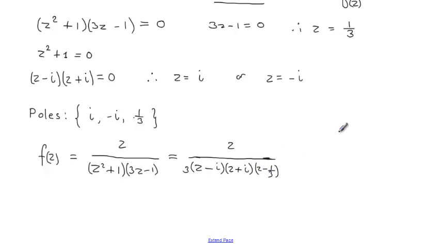I hope you can see that in this factor 3z minus 1, we're able to take a common factor 3, dividing by 3 in brackets, we get here z minus 1 over 3, which we wrote here as z minus 1 over 3 multiplied by 3. So now we're able to see that we've got 3 simple poles.